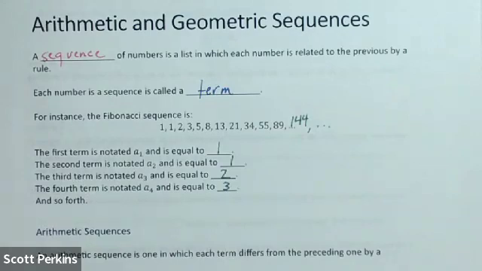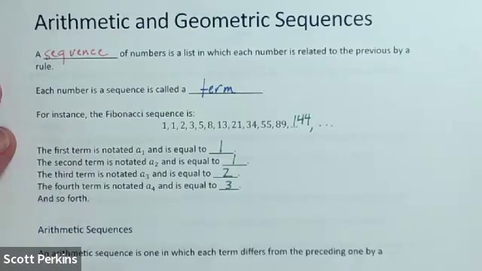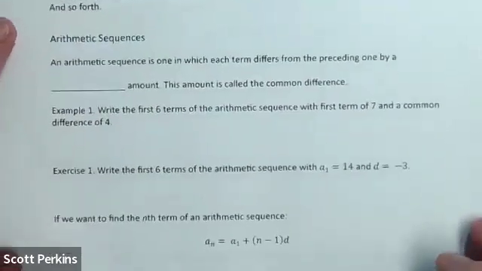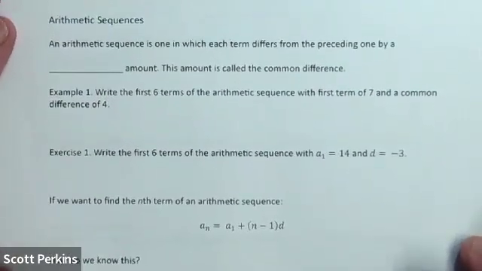All right. Well, for us in this class, we are going to talk about two types of sequences, and they're kind of the most basic types of sequences, just because we're getting our feet wet with this. The first one that we're going to talk about is called an arithmetic sequence.